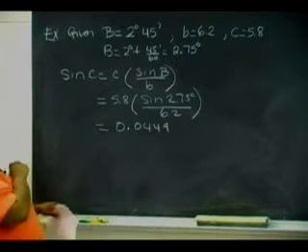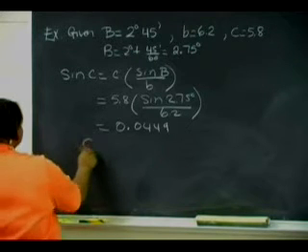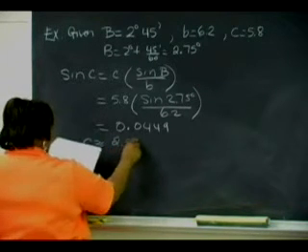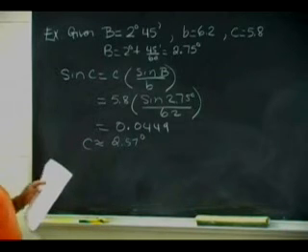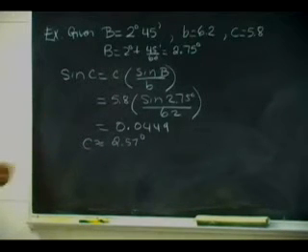That's what you said. Okay. And if we do the inverse sine of both sides, C will be approximately equal to 2.57 degrees. Okay? And since we have one triangle, this is the C we're going to use. One triangle.